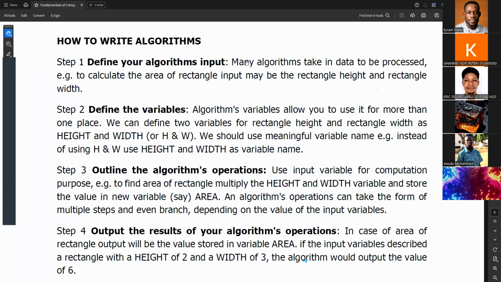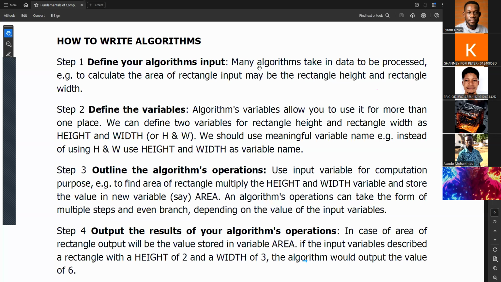You need to take into consideration what would be your inputs to calculate the area of a rectangle. In calculating the area, I need to know the height and the width of that rectangle in order to compute the area.